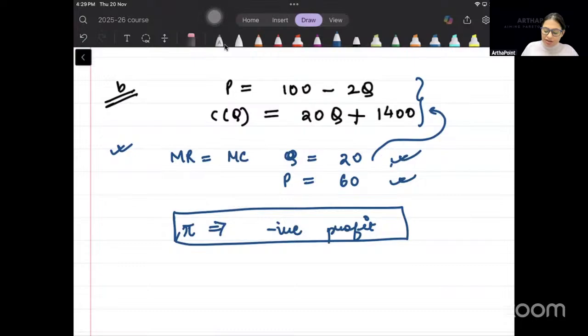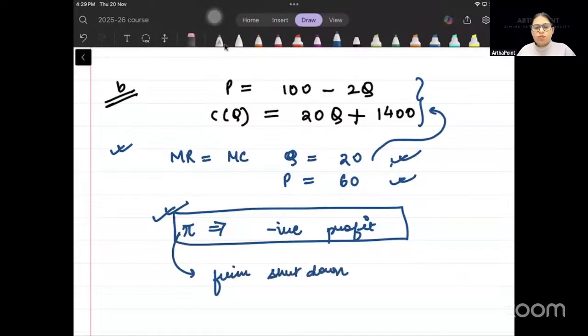So the moment I notice that my profit is negative, shouldn't the firm shut down? If the firm shuts down, then my optimum quantity is simply 0. Isn't it? If I am not able to earn a positive profit, loss mein, why will I keep operating? Why will I produce 20 units every time if I am incurring a loss?